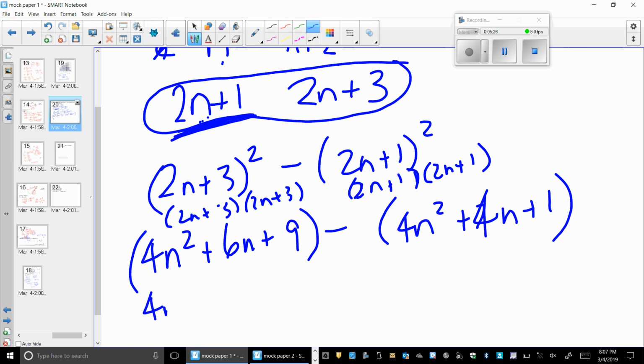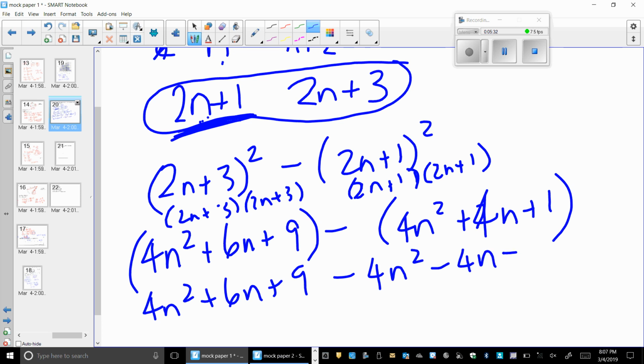So we've got 4n squared plus 6n plus 9, subtract 4n squared, subtract 4n, subtract 1. So that's gone. 6n subtract 4n is 2n, and 9 subtract 1 is 8.